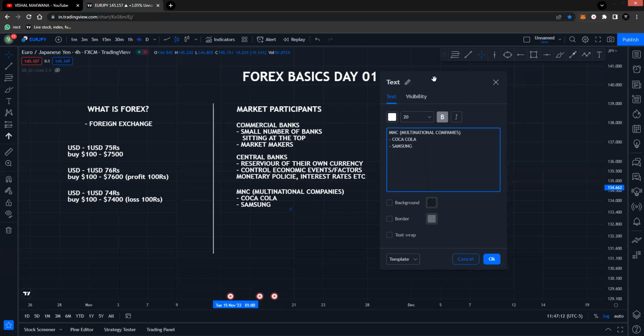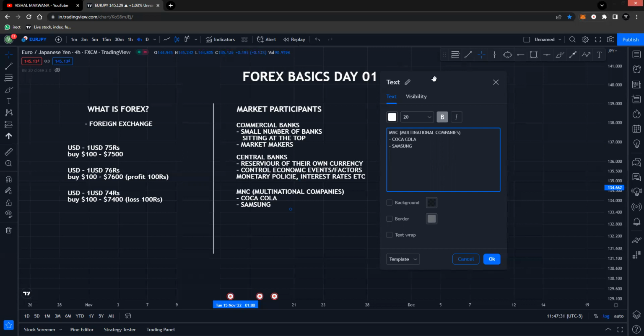Now, how these companies participate in the foreign exchange market is by doing international businesses. For example, let's suppose any Indian company, which is a multinational company, is producing goods and selling to any other country, for example, Japan, right?